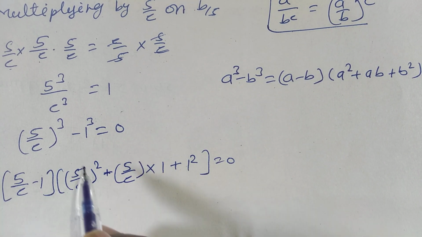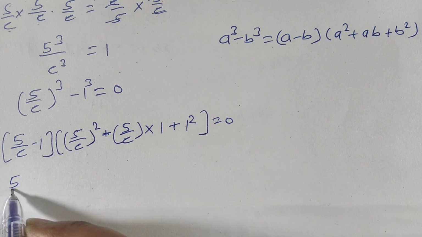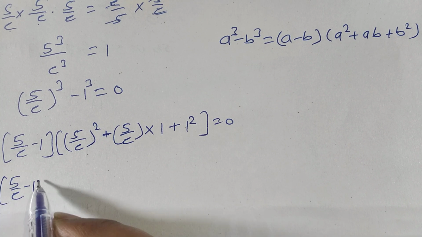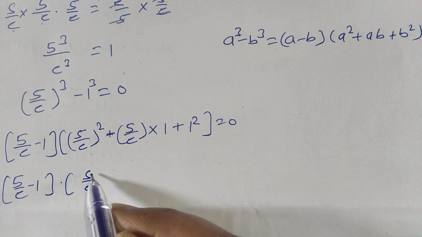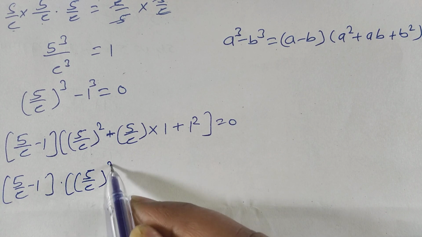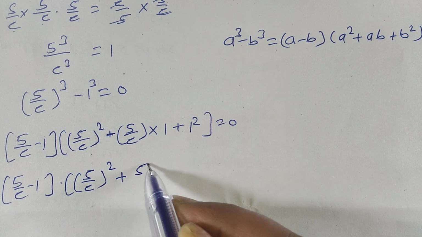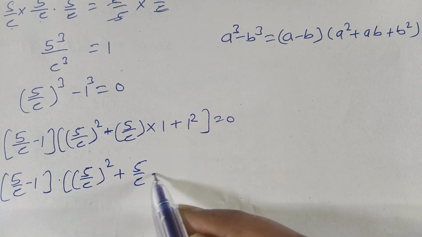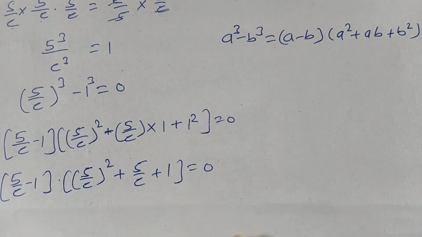This is the same identity: (5/c minus 1) times ((5/c) square plus 5/c plus 1 square, which is 1) is equal to 0.